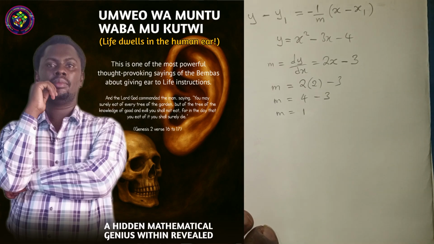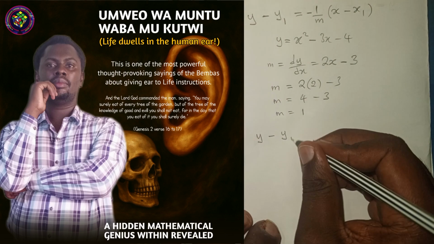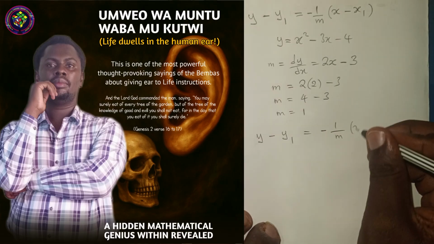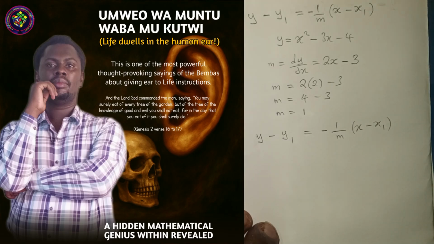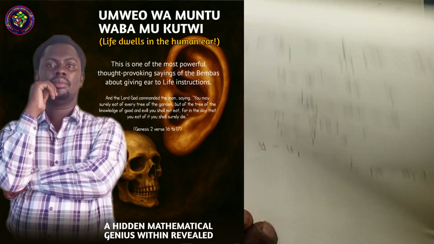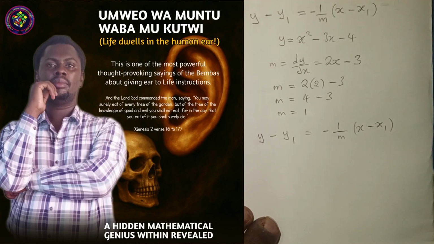Then we go back to our form, the equation of the normal: y - y1 = -1/m (x - x1). We know the point is (2, -6), meaning x is 2 and y is -6.